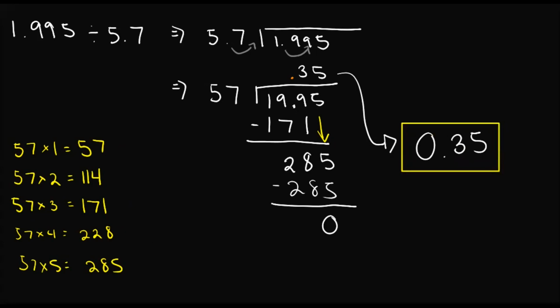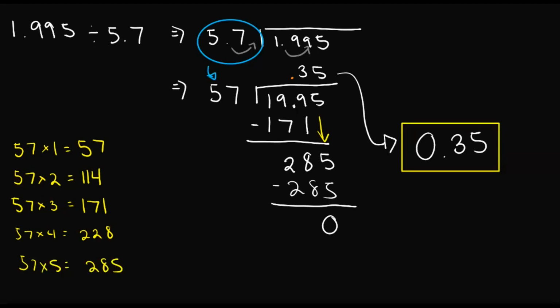And so that is how we divide decimals. Basically, the key is we first convert the divisor into a whole number by moving the decimal points. Afterwards, we arrive with this one.